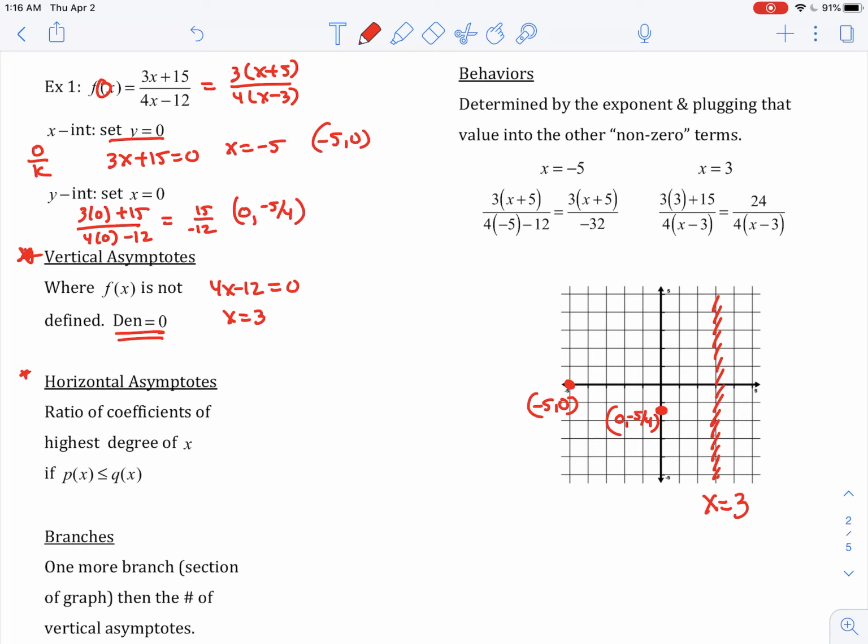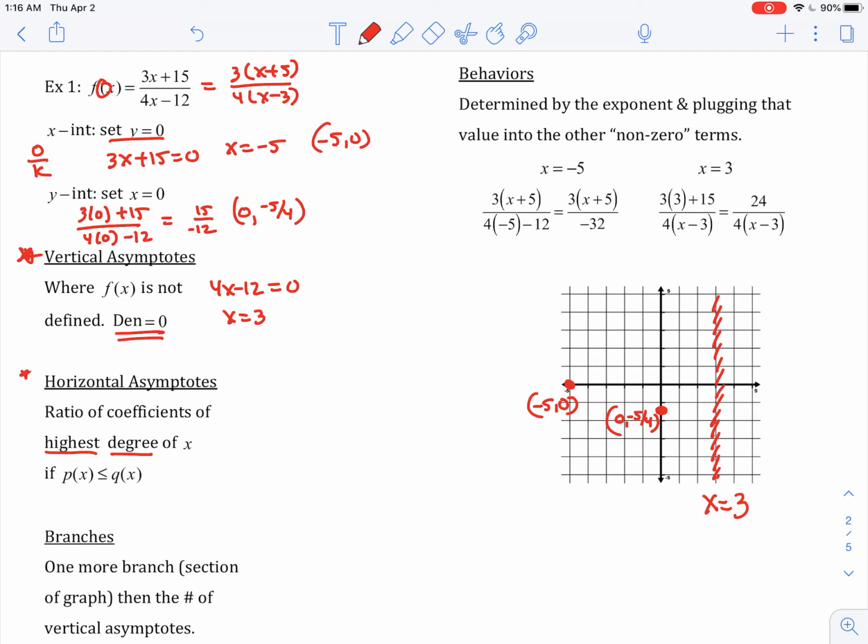Horizontal asymptotes: a horizontal line that our graph is approaching. The distance between our graph and some horizontal line is getting closer and closer to 0. For your horizontal asymptotes, you want to look at the degree of your terms, finding the highest degree of x, and look at the ratio of the coefficients. For our example 1, we have 4 terms: 3x, 15, 4x, and negative 12.